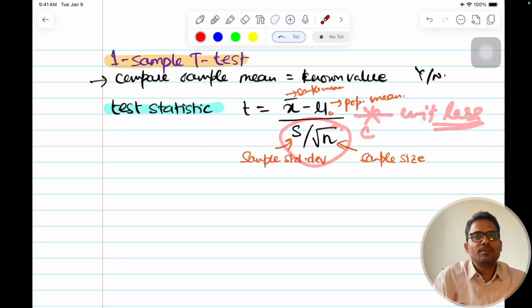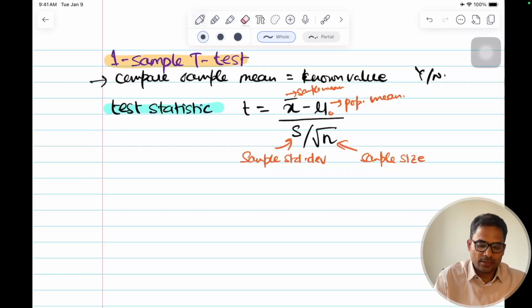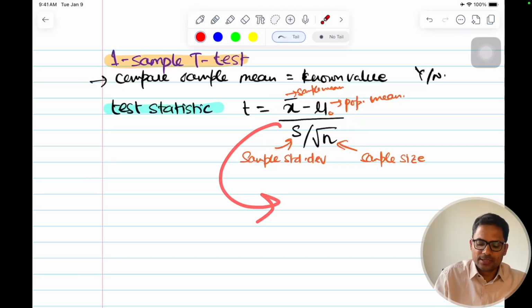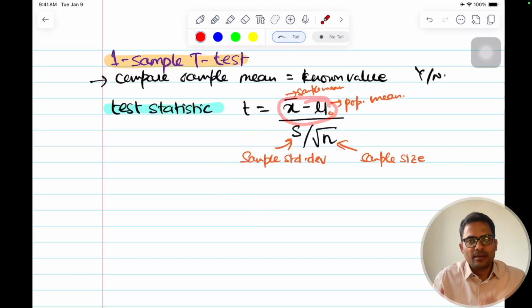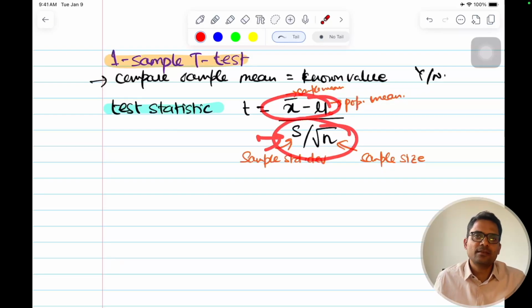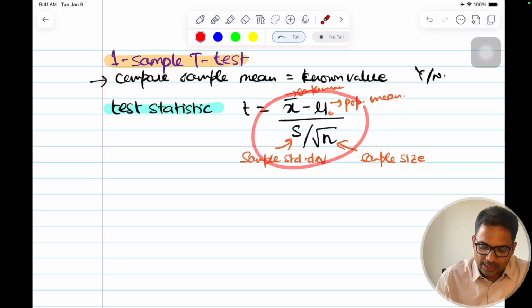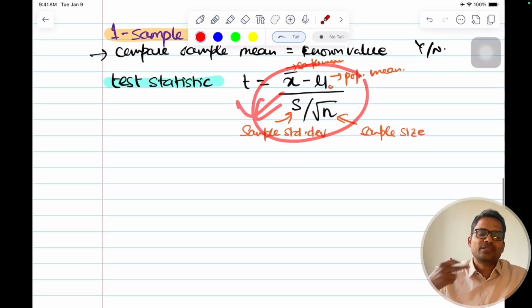Standardization means making it unitless. In all the test statistics you will see some difference of means, with some form of standard deviation in the denominator. Keep this in mind and all those tests will start making sense.